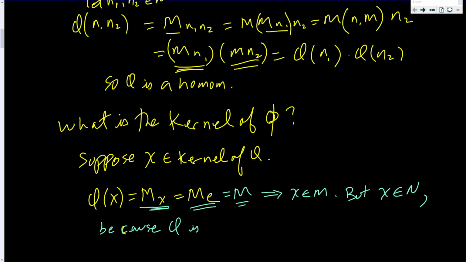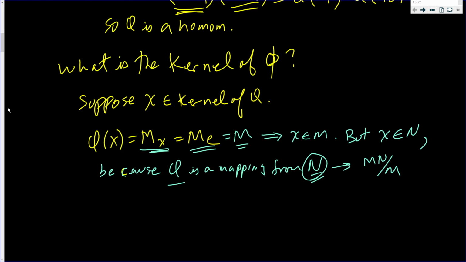I don't really care what the somewhere else is; phi takes things from N. So here we go: x is in M, x is in N, and x was in the kernel.